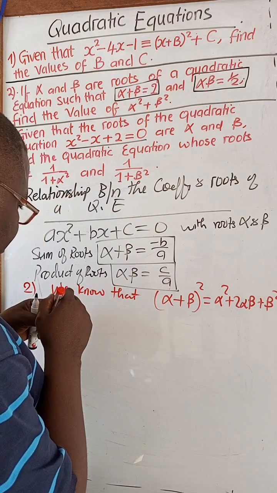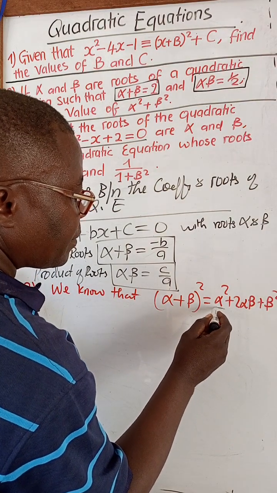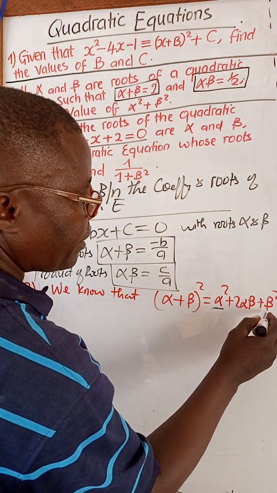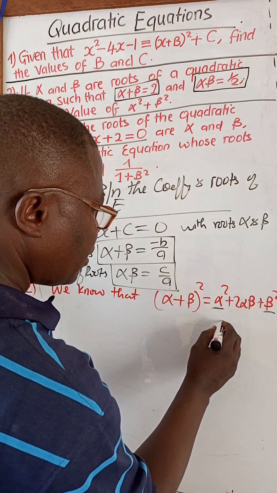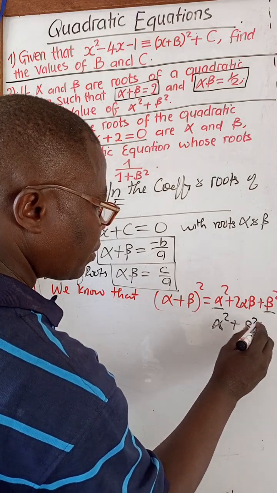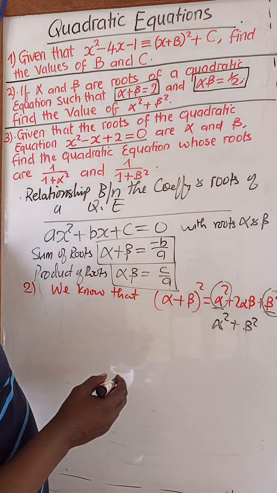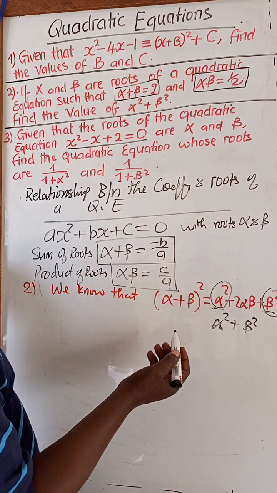Okay? But we are asked to find an expression made up of alpha squared plus beta squared. Alright? So alpha squared plus beta squared, and we take just this and this, is gotten when we take plus 2 alpha beta to the left hand side.